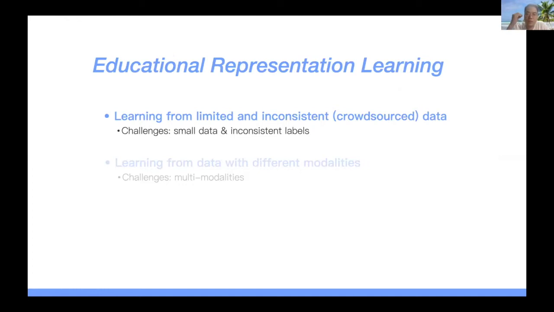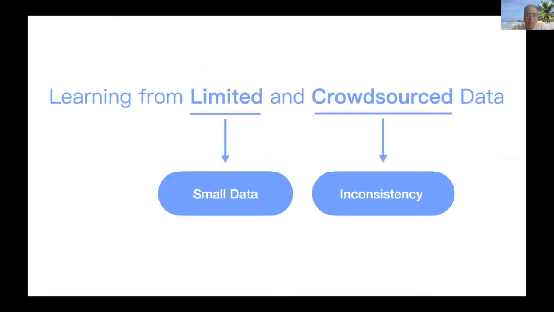Next, I will talk specifically about how to learn from limited and inconsistent data. There are two challenges that prevent us from learning a robust representation. The first challenge is that we have small data. The second is that we have noise and inconsistencies in our crowdsourced data.